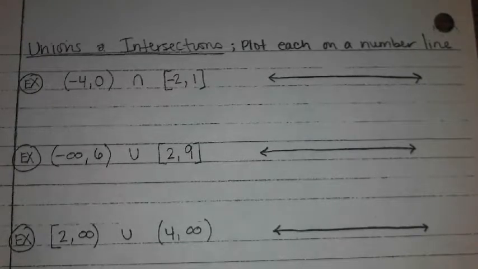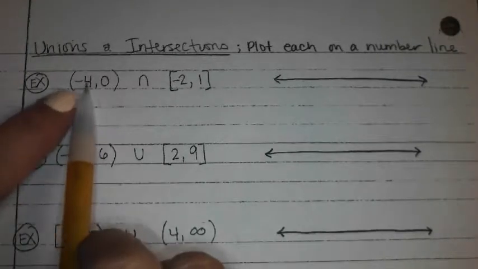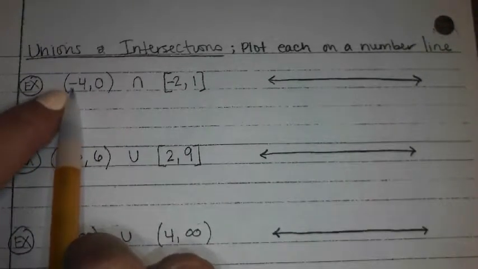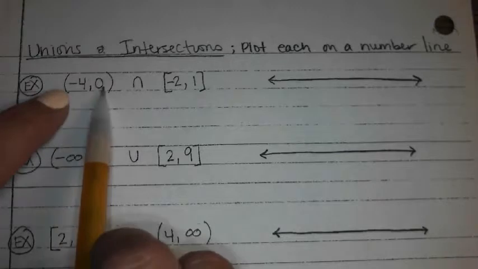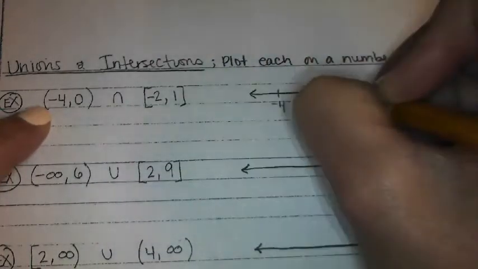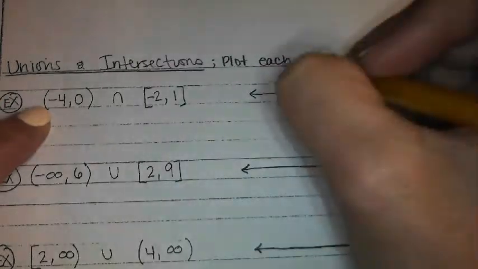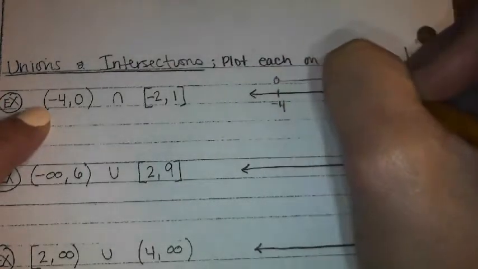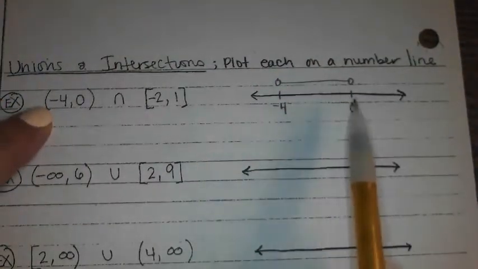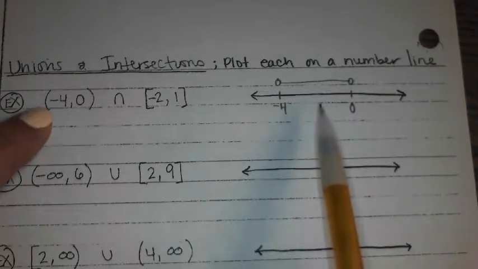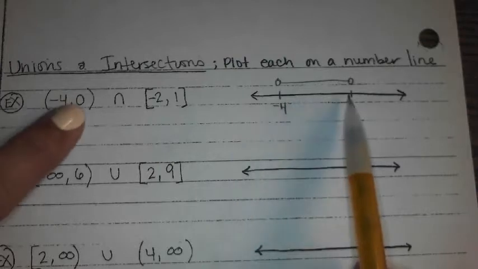And then lastly, we have a little more practice with unions and intersections, but in interval notation. And I have number lines there to kind of help us with this. So we're looking for the intersection between the set of numbers from negative 4 to 0. So here's negative 4. Here will be 0. Both open circles because of the parentheses. So that's the first set.